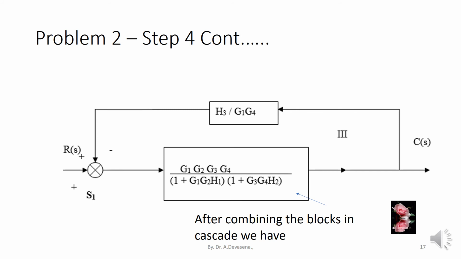So we have used the rule of combining the blocks in cascade. Then after combining, we have G1, G2, G3, G4 the whole divided by open bracket 1 plus G1, G2, H1 close bracket, then again open bracket 1 plus G3, G4, H2.